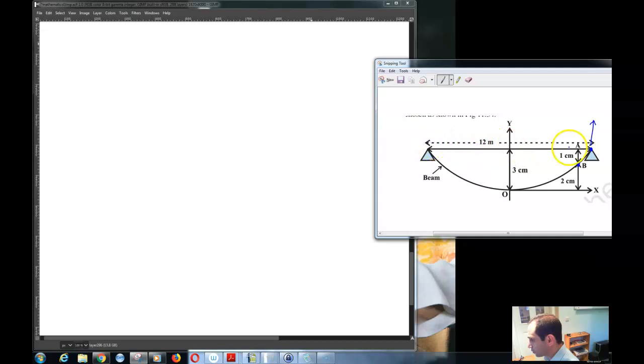If the whole thing is 12 meters, then this is 6 meters, or 600 centimeters, and the height is 3 centimeters.